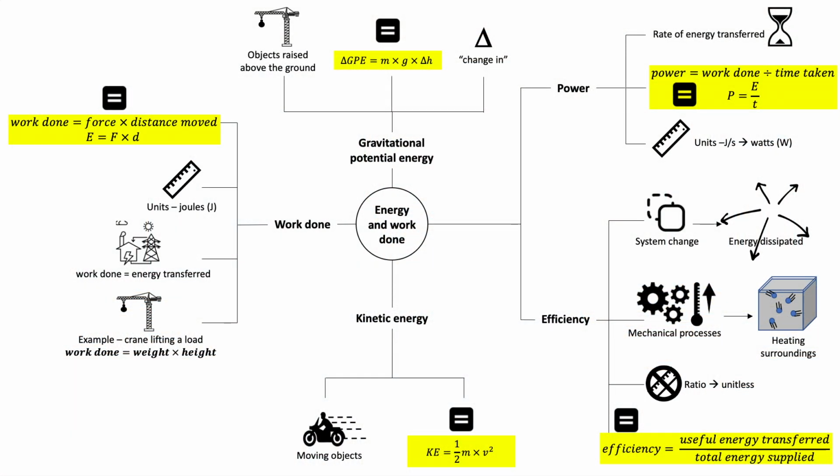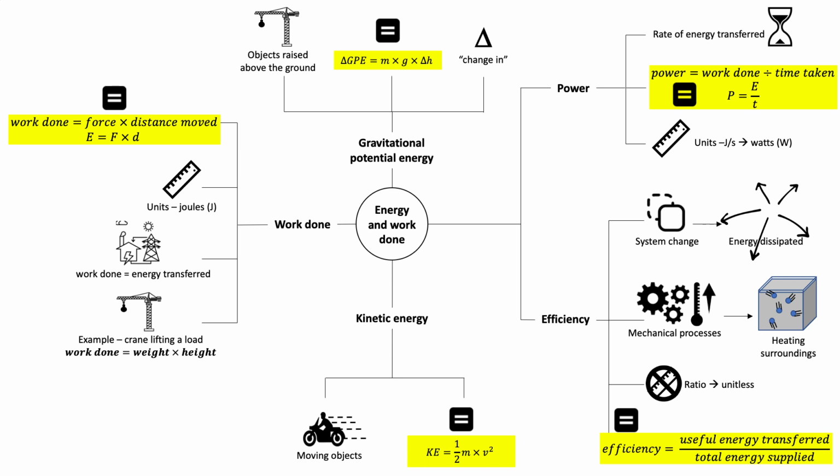And lastly, we did talk about power briefly, and we said that power is always involved in the energy pathways, and power is the rate of energy transferred, so the energy transferred every second. Now, power is therefore also equal to the work done divided by the time taken, or the energy transferred divided by the time taken.